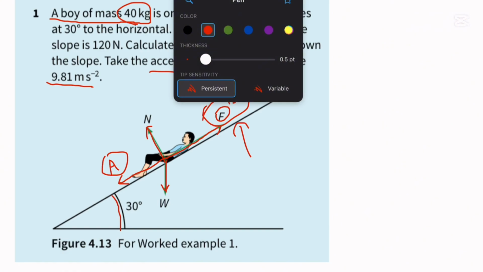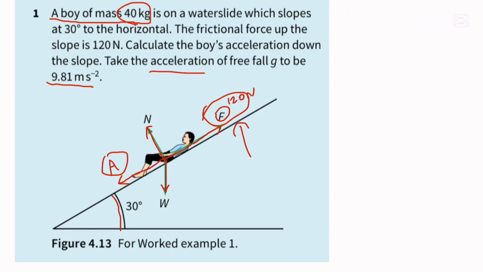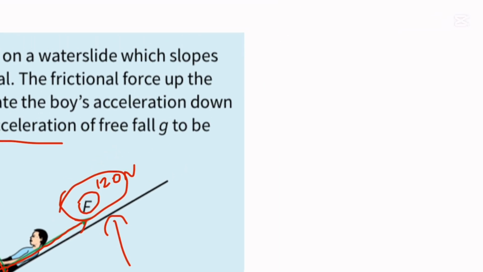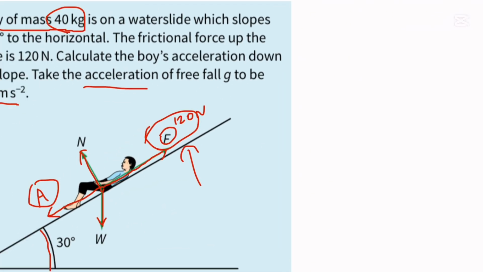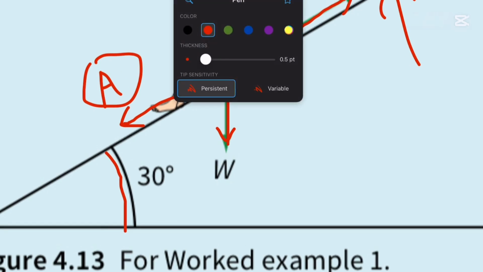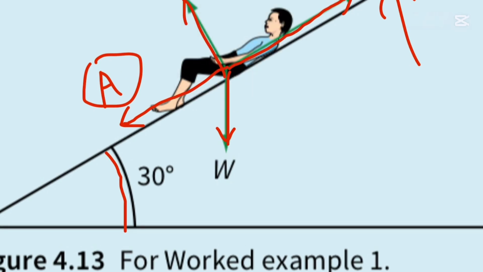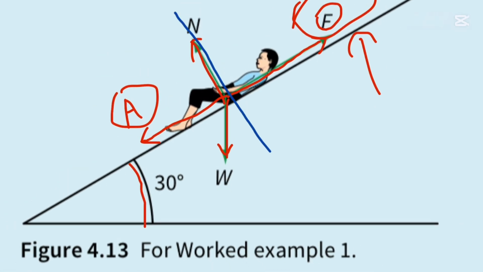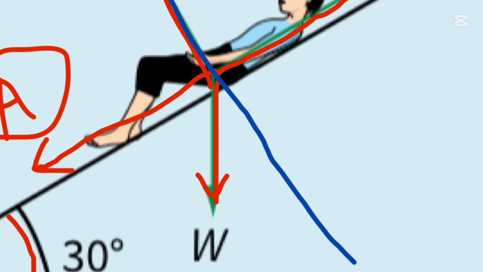First of all, in these questions we can just use the straightforward equation, A equals W sine theta. But we're not gonna use that. We're gonna actually explain how that happened. We have the normal force right here, and then let's break down the W force.